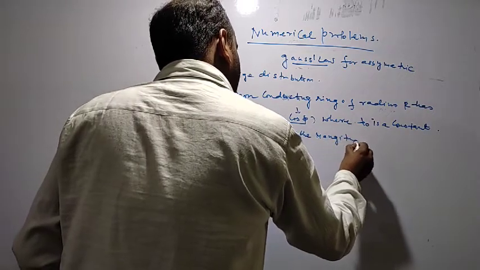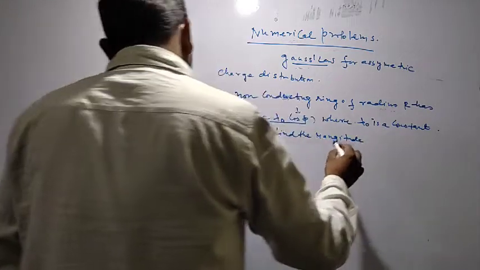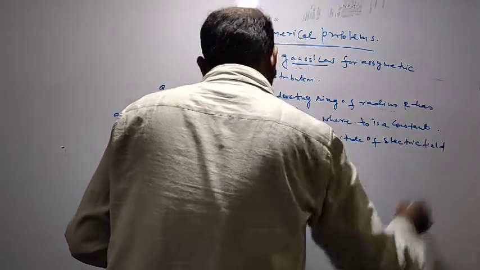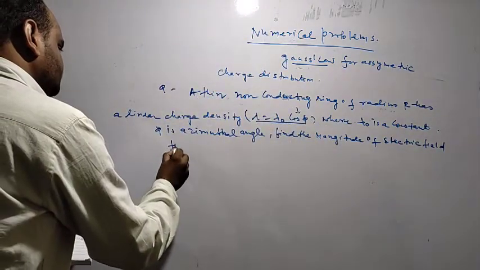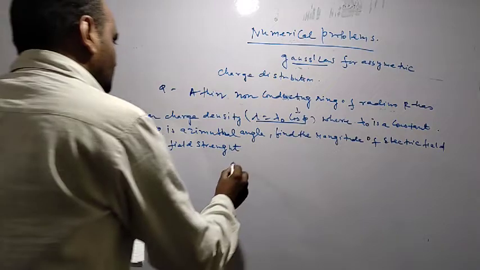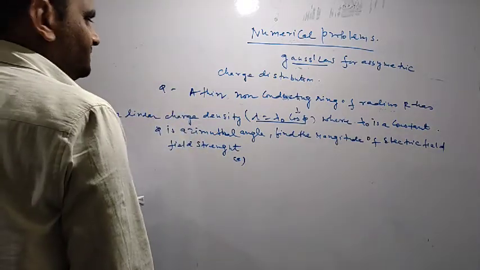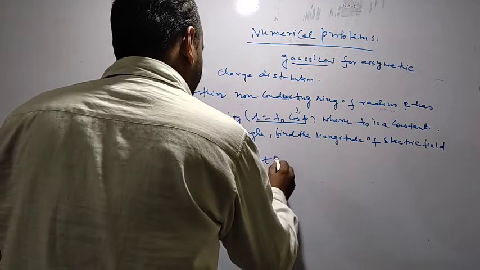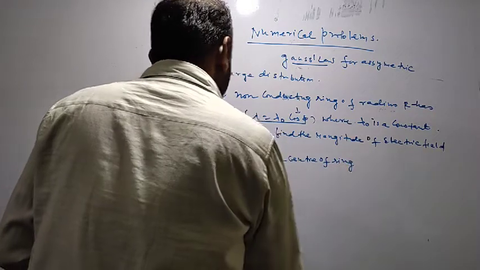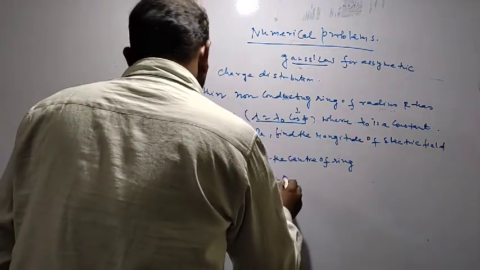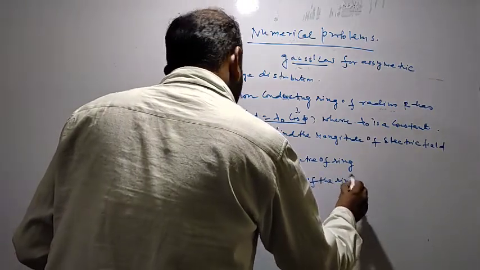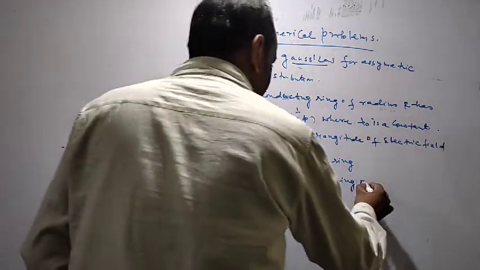Find the magnitude of electric field strength at two positions: at the center of the ring, and on the axis of the ring as a function of distance x from its center.